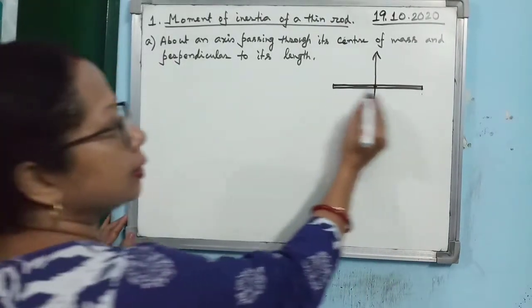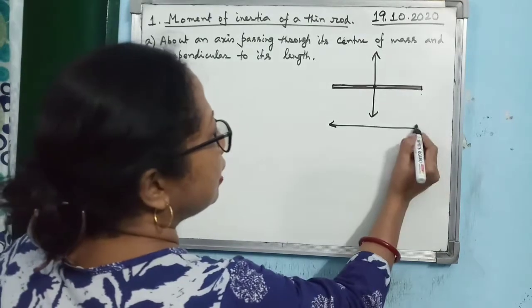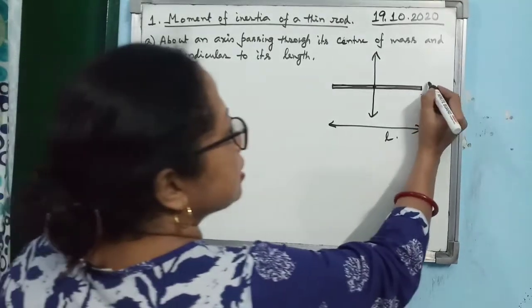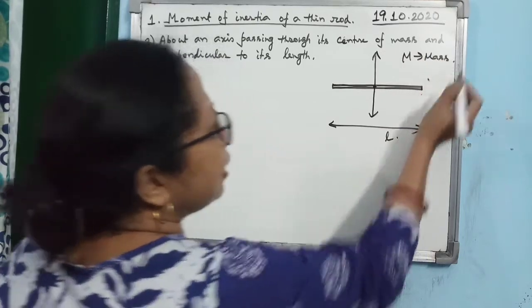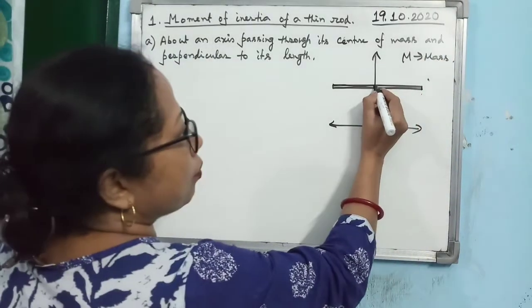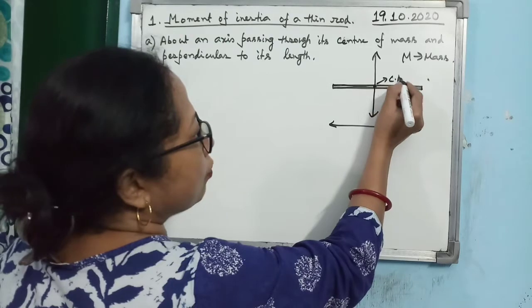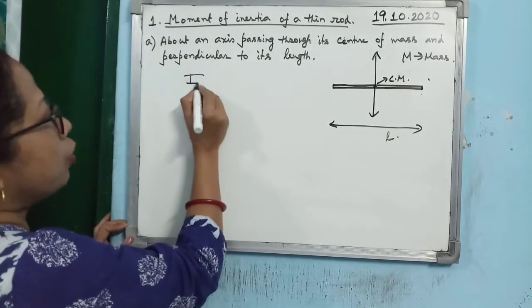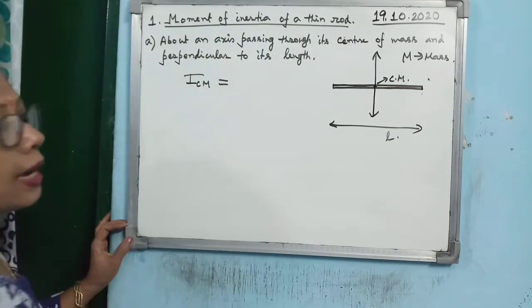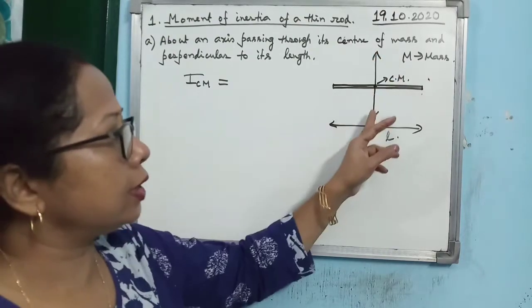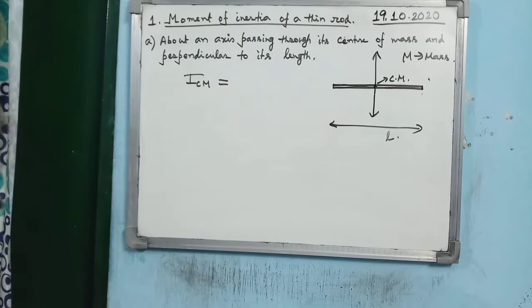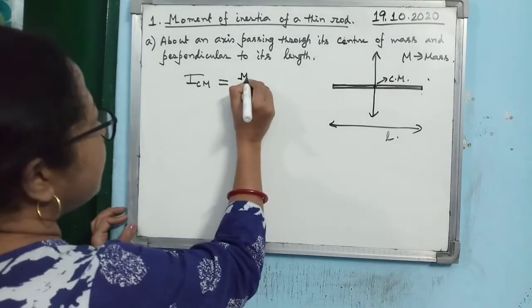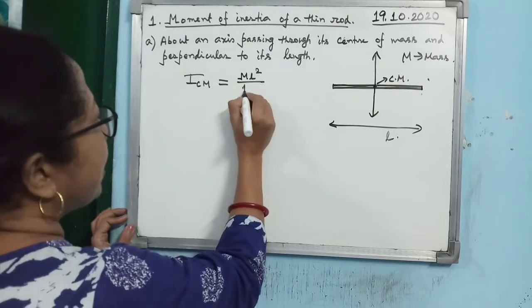This is the length, and let m be the total mass of the rod. This is the center of mass. What will be the moment of inertia of the rod about an axis passing through the center of mass and perpendicular to the length? It is given by ml square divided by 12.